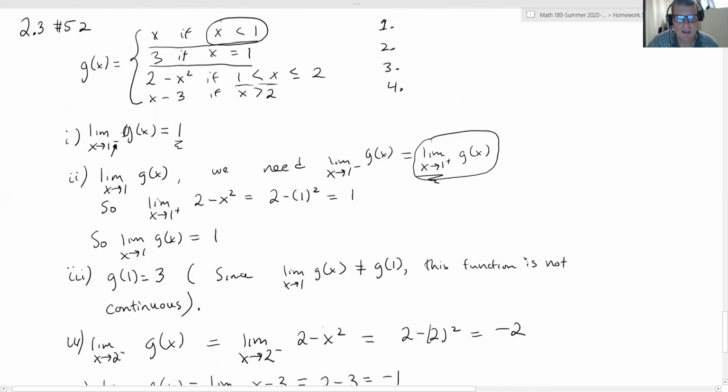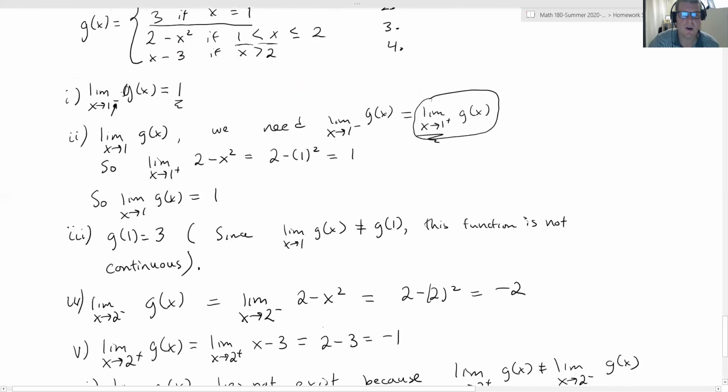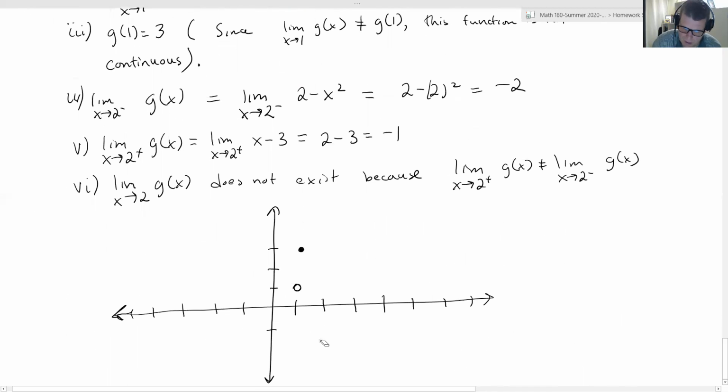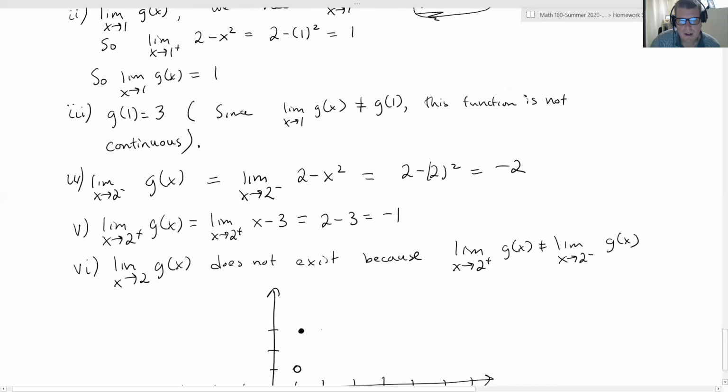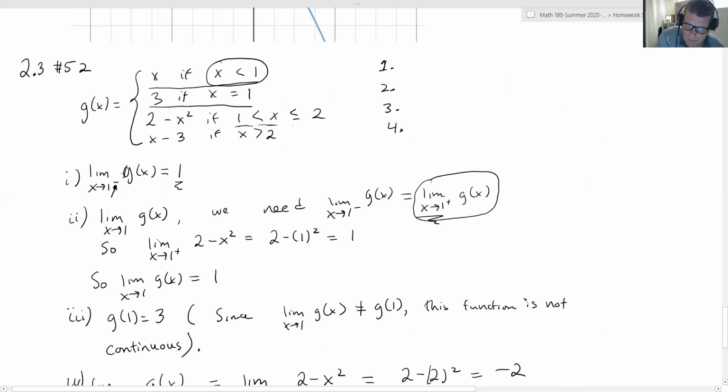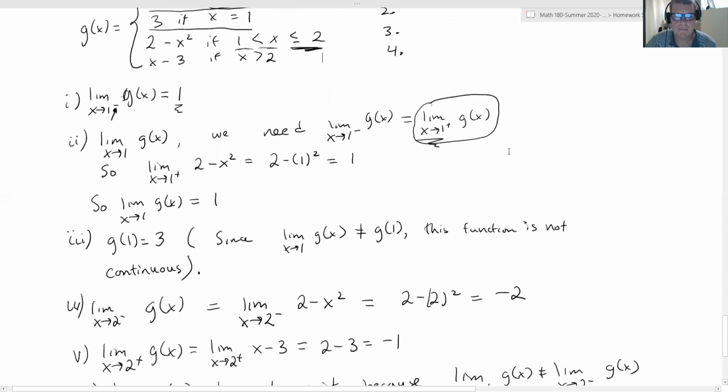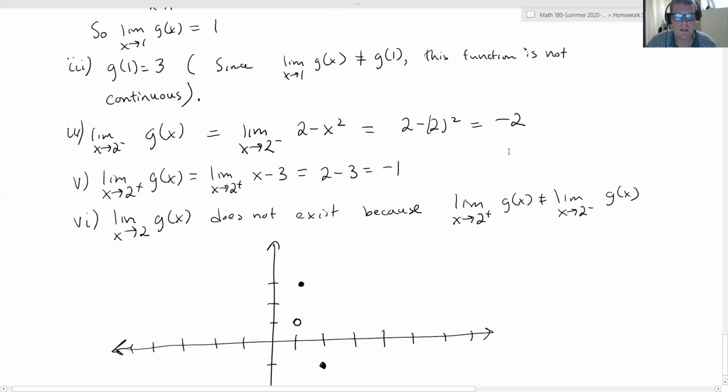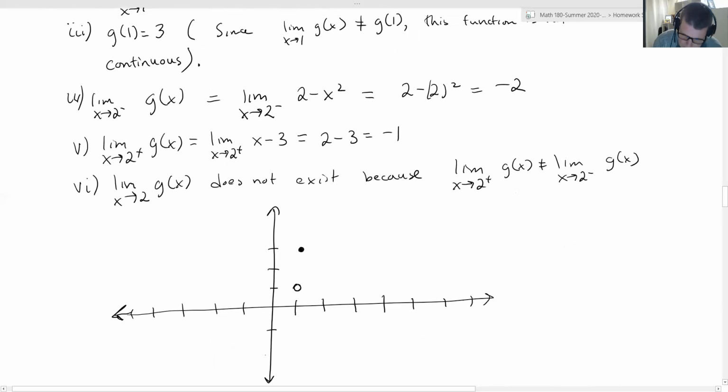Oh, actually it is going to be included. Sorry. That's because of the less than or equal to. Wait, no, that's wrong. It's negative 2 that is down here, and it's the negative 1 one that is not included.